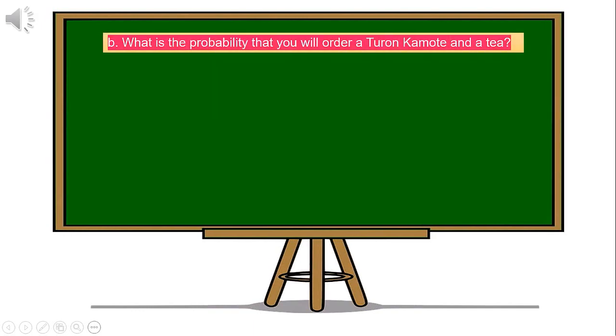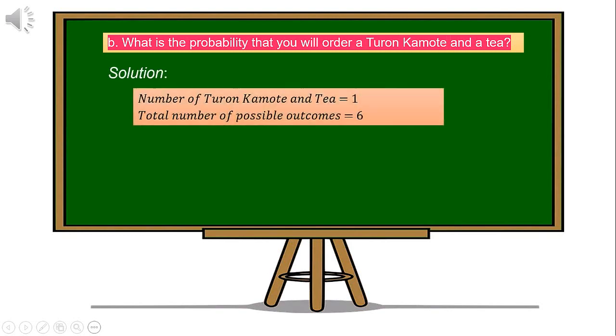Let us move on to question letter B. What is the probability that you will order a turon, kamote, and a tea? Solution. We have here the number of turon, kamote, and tea, which is 1. And the total number of possible outcomes is 6.